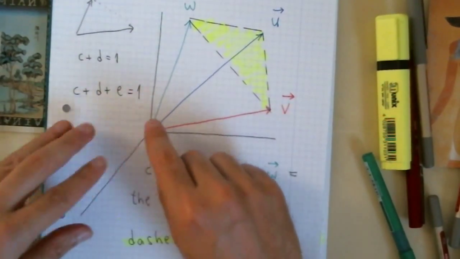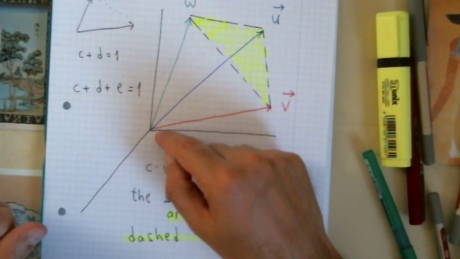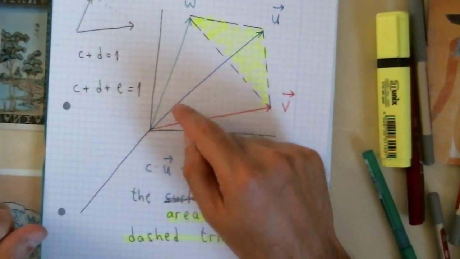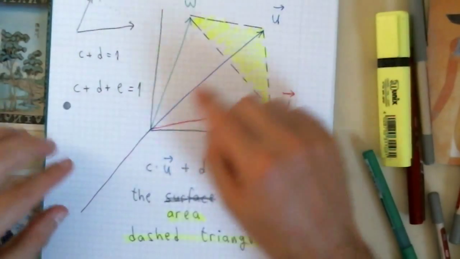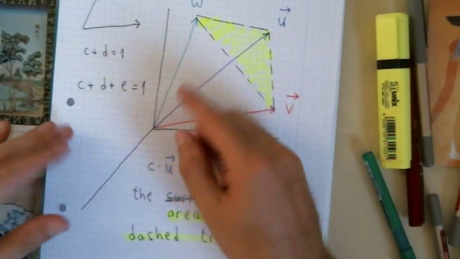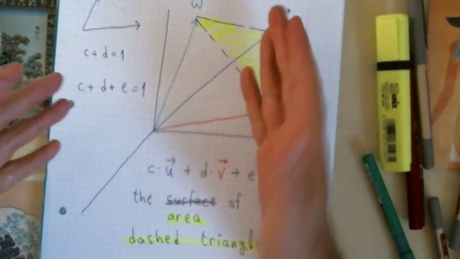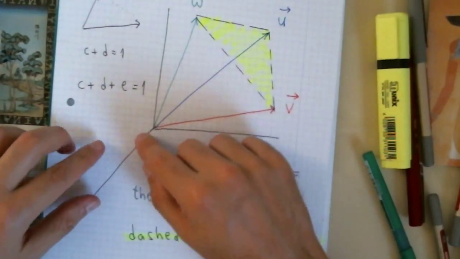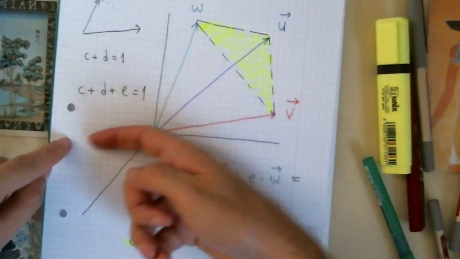So they say C is greater or equal to 0, D is greater or equal to 0, and E is greater or equal to 0. They accept this condition, that it's okay that it's degenerated to a 0 area, but they don't want it to have a negative area, so the arrows can't go back.